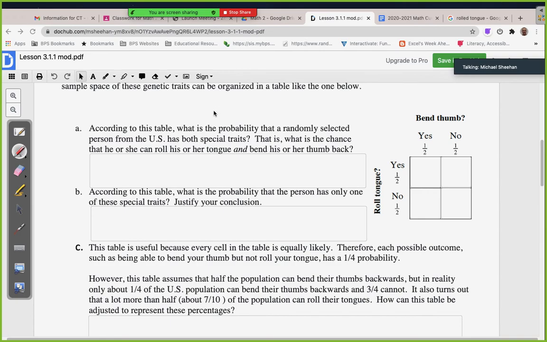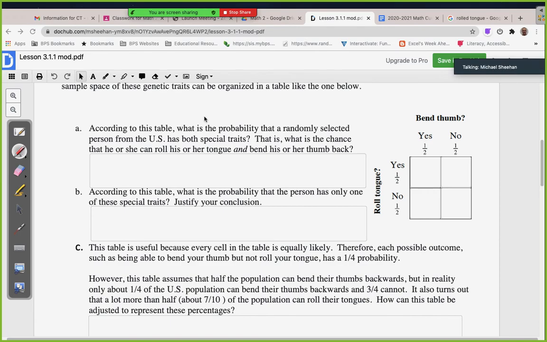So half of those 10 people can also roll their tongue. So how many people is that? Okay, so 10 people can bend their thumb, and half of those people can roll their tongue. So how many people is that? Actually, five. Yeah, 5.